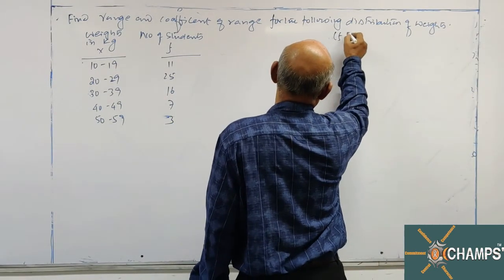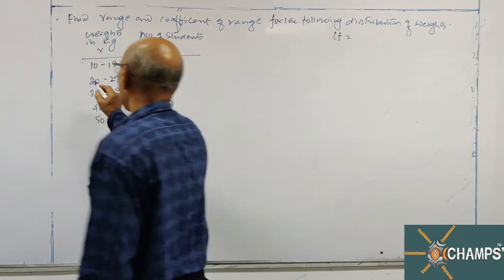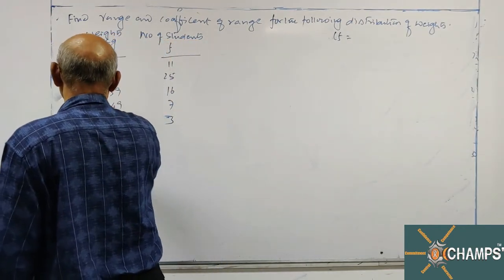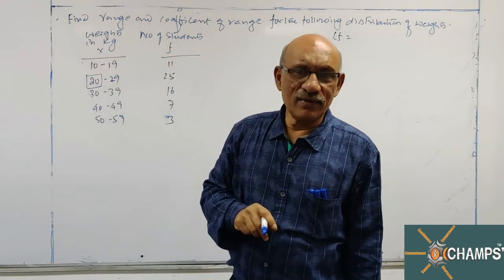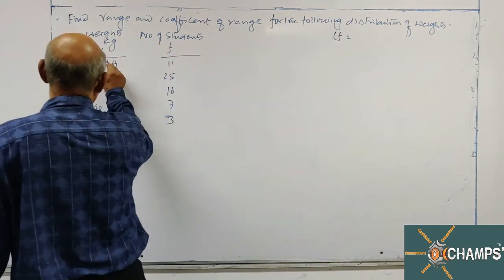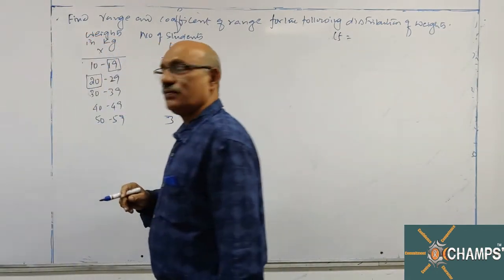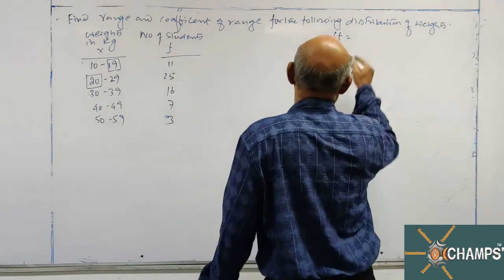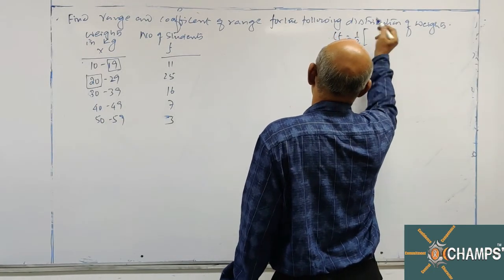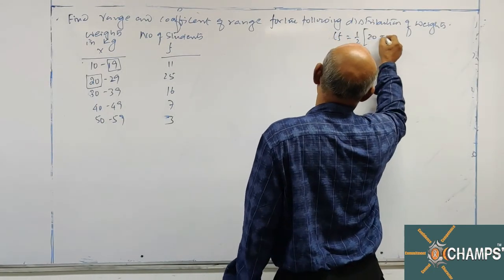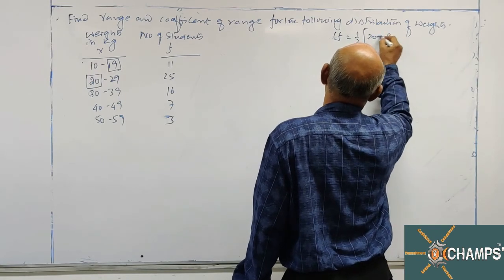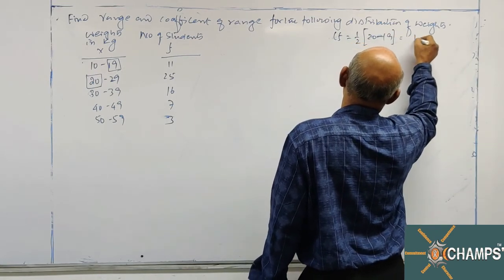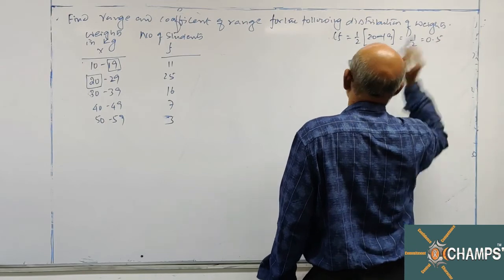Correction factor is required. Correction factor is equal to lower limit of the succeeding class minus upper limit of the preceding class, divided by 2. This is 1 by 2 into 20 minus 19, 1 by 2, 0.5.